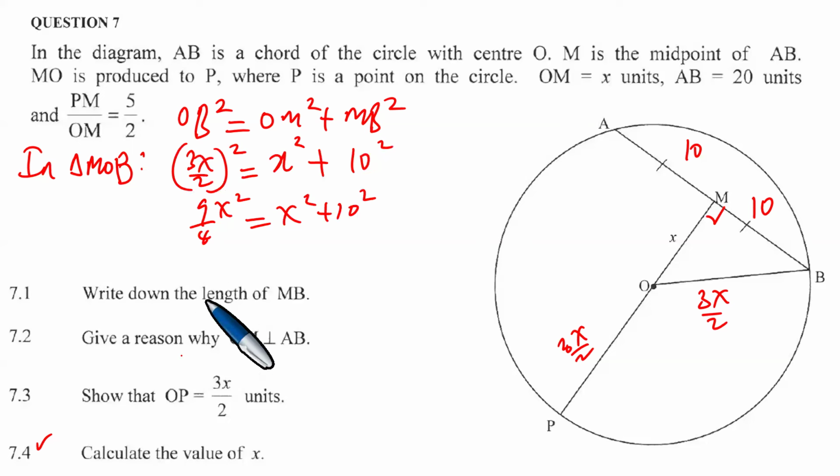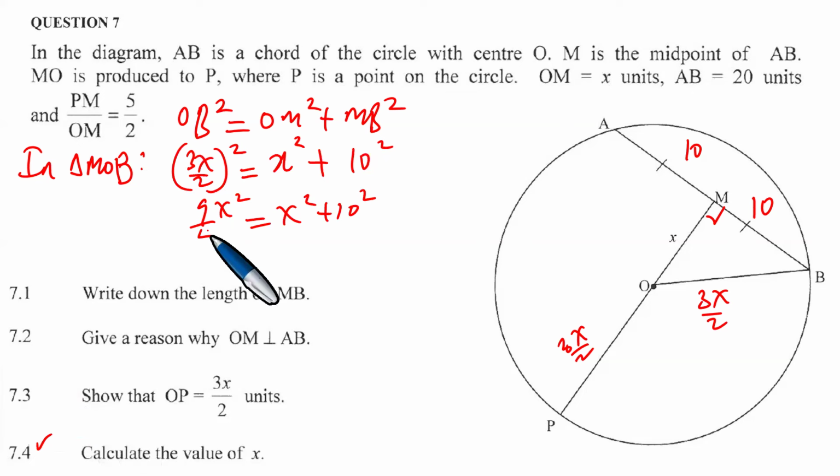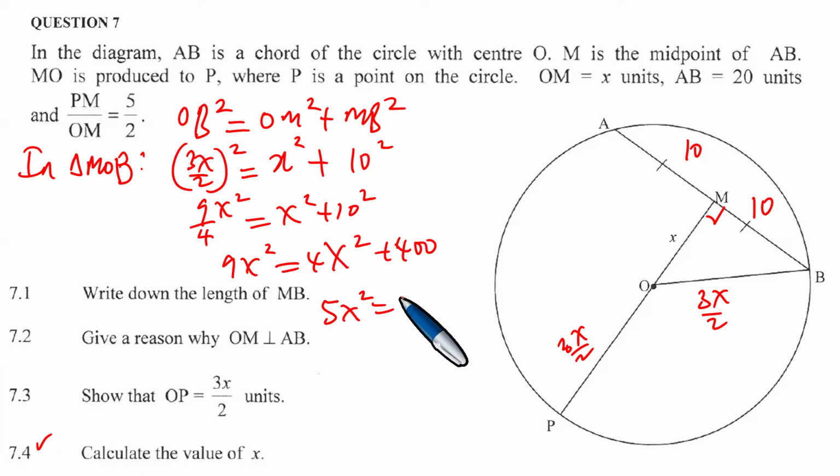You multiply through by 4 because there's a 4 in the denominator of this term. Multiplying through by 4, we have 9x squared, 4x squared, and 10 squared is 100 times 4, which is 400. 9x squared minus 4x squared gives us 5x squared equals 400.